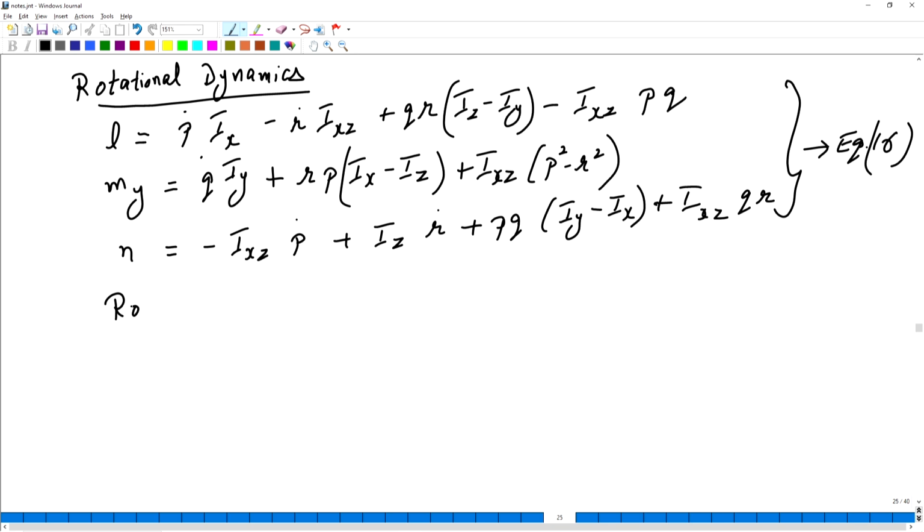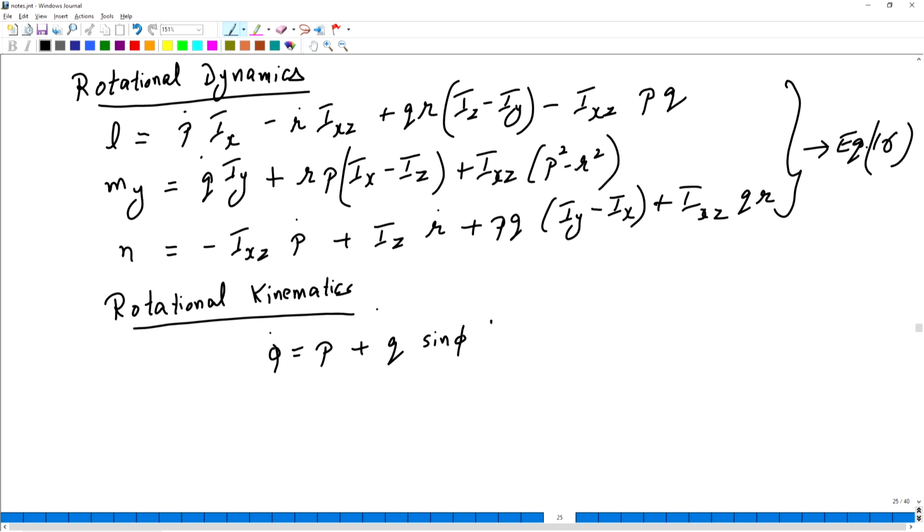Then we have rotational kinematics. Phi dot equals to p plus q sin phi tan theta plus r cos phi tan theta.